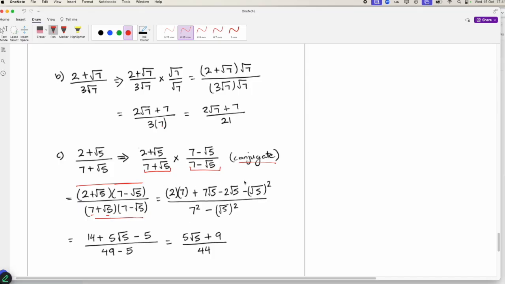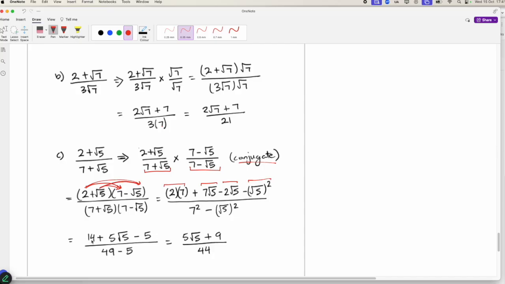And of course, on the top is where I did a double bracket multiplication. So 2 times 7 over here, and then root 5 times 7 over here. Then I have 2 times negative root 5 over here, and then root 5 times negative root 5 over here.